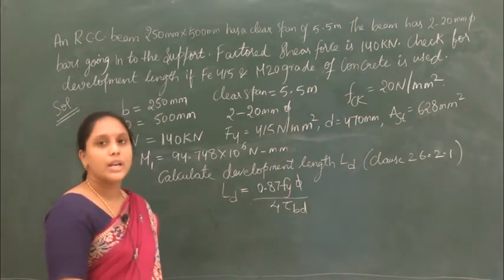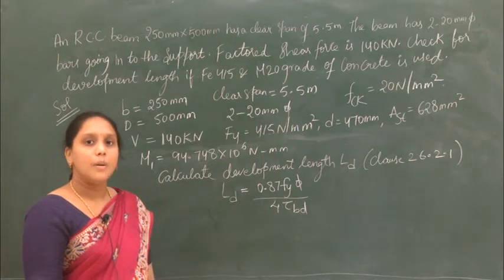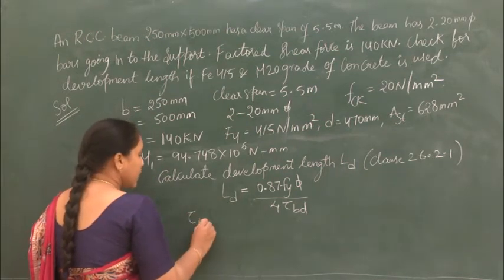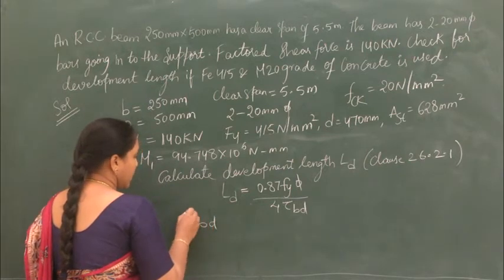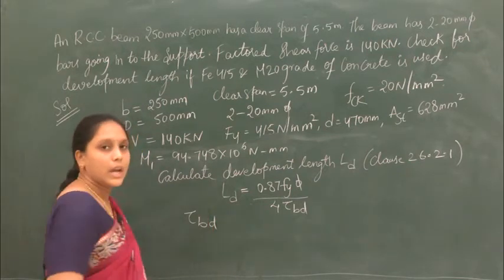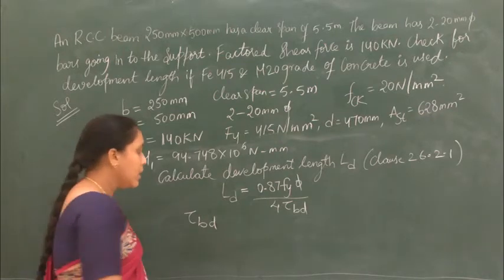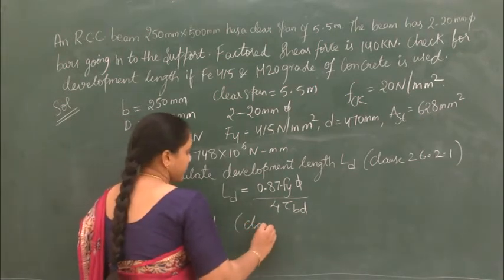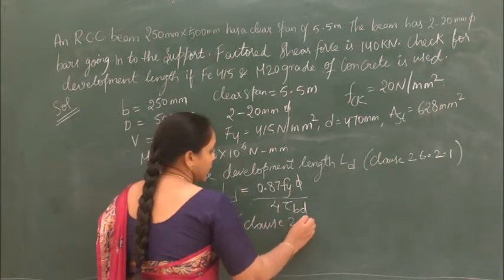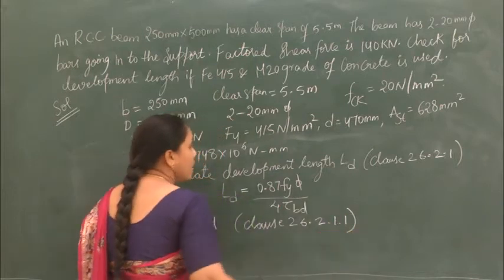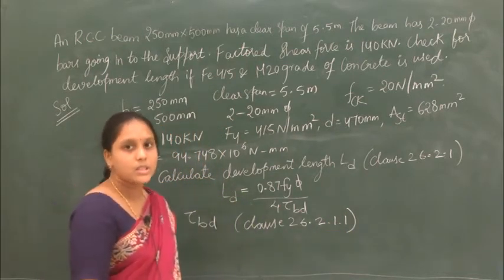So what we have to calculate first? We have to calculate the bond stress. So how will we calculate tau BD? So the tau BD can be calculated by using the table which is given in clause 26.2.1.1 of IS 456-2000.